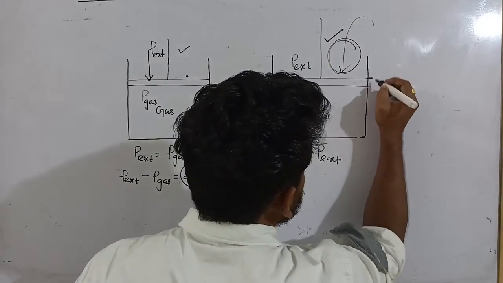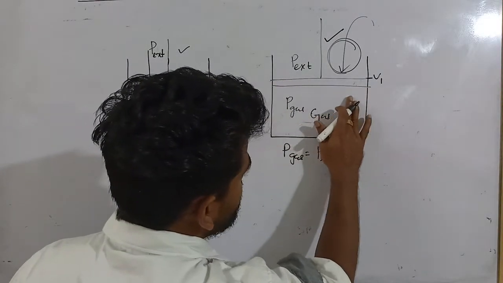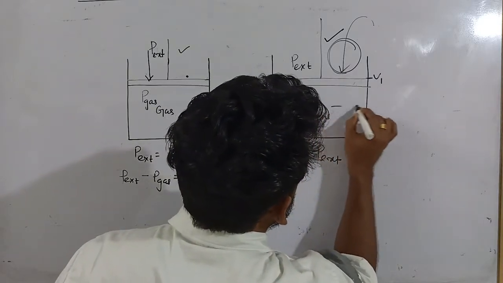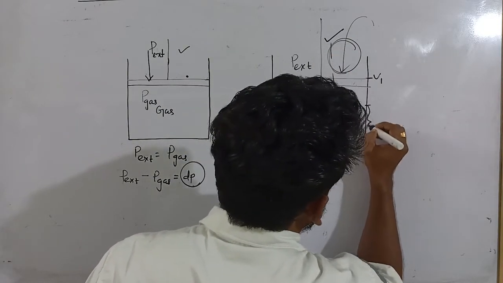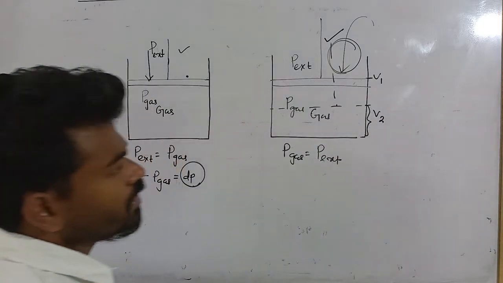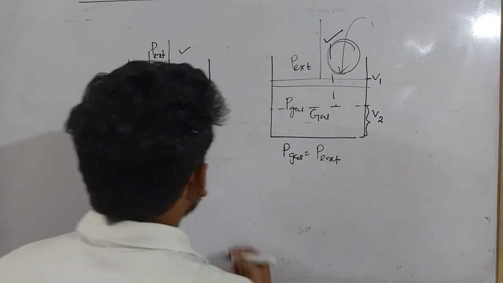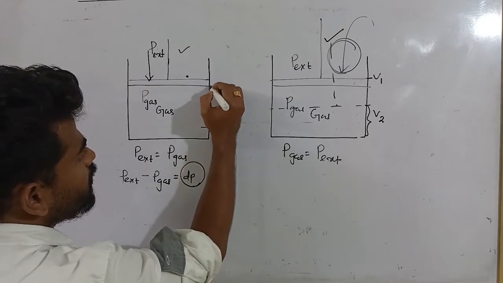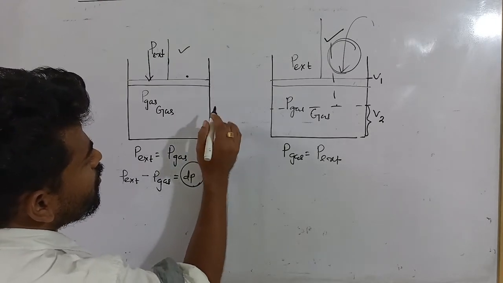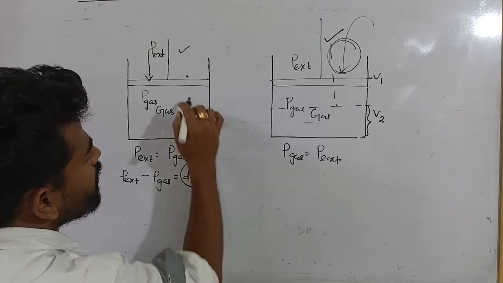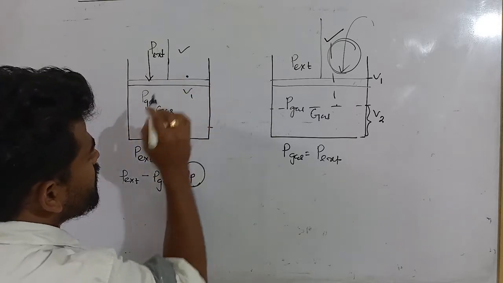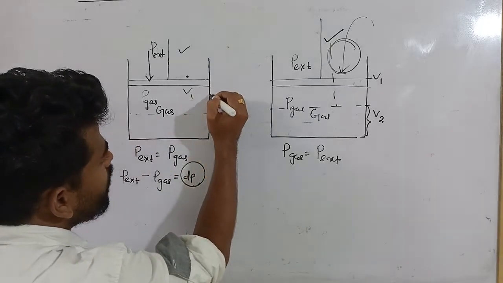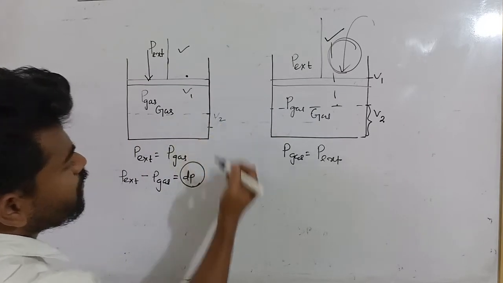Initially let's say the volume of the gas is V1, then the piston suddenly moves down, and now the volume is V2. Initially it was V1, and the piston moves in such a way as to reach V2.